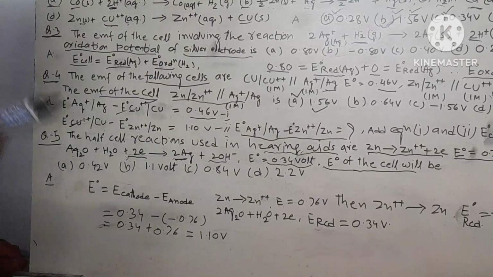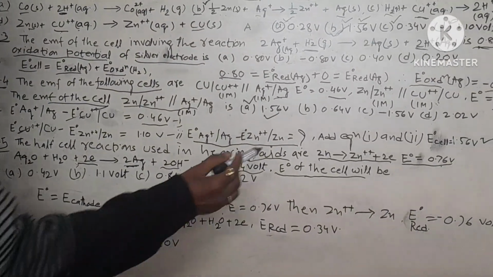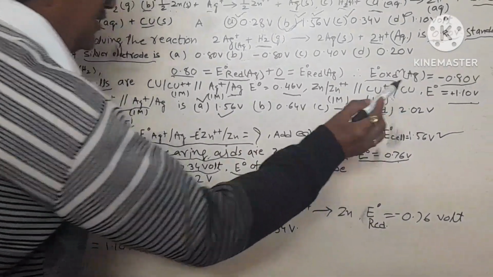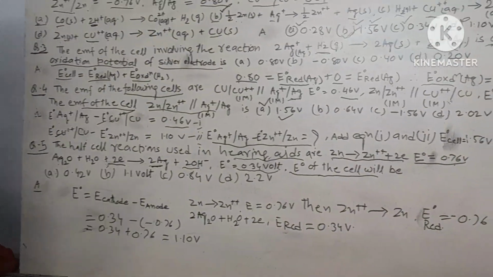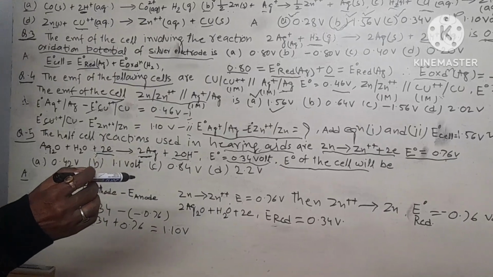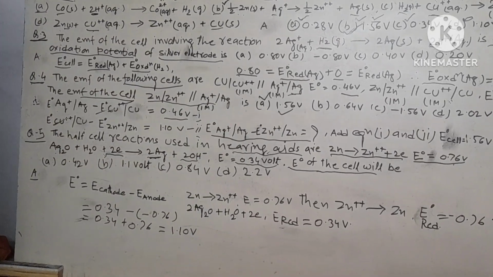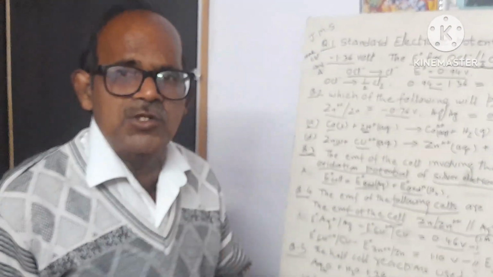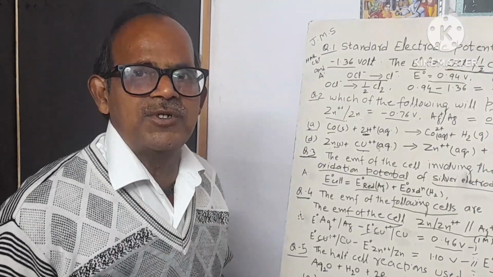It means it is the oxidation process, and its potential is the oxidation potential. Here is a very, very important thing: 0.76 is the oxidation potential. But in the formula to calculate E cell, both should be reduction potentials.